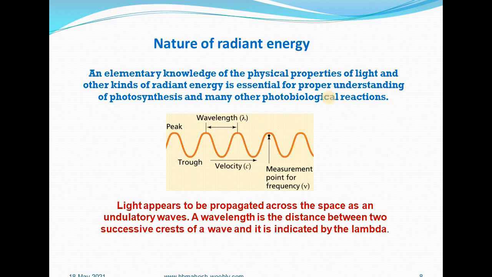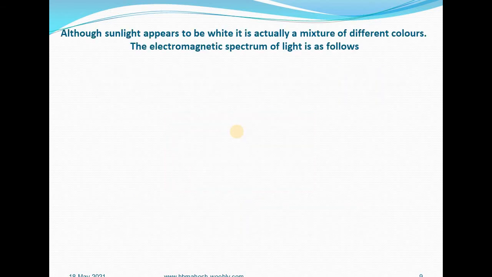Here in this picture, the movement of light is shown. That is, light travels, propagates in the form of undulatory waves. The distance between two successive peaks, two successive crests, is nothing but the wavelength that is indicated by the letter lambda. The inverted y symbol that we write, we call it lambda.